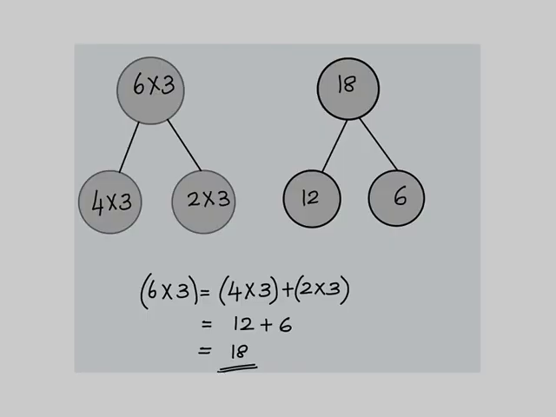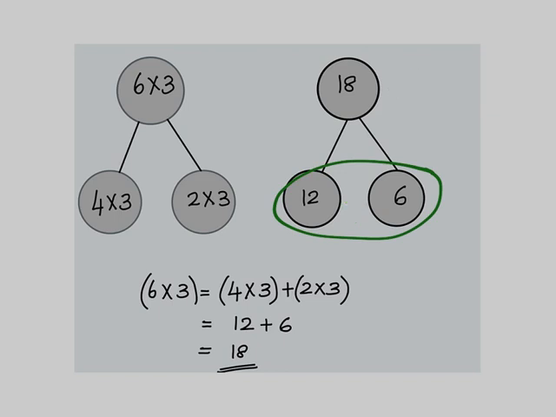In number bonds, when we add these 2 parts together, we get the total 6 times 3. Let me show you. For example, these are the 2 parts, 12 plus 6. When we add 12 plus 6, we get 18. 18 is the total.